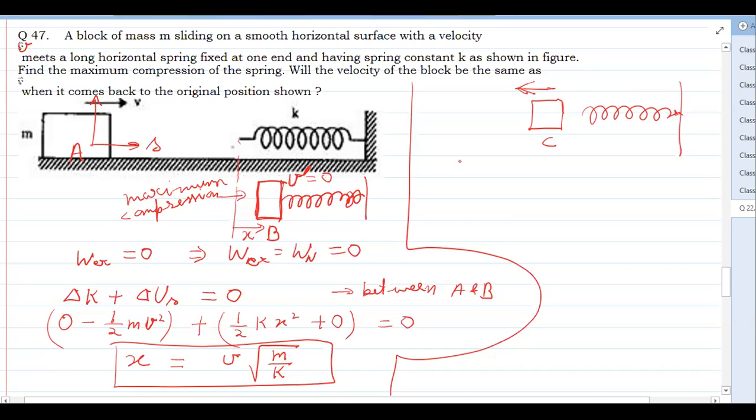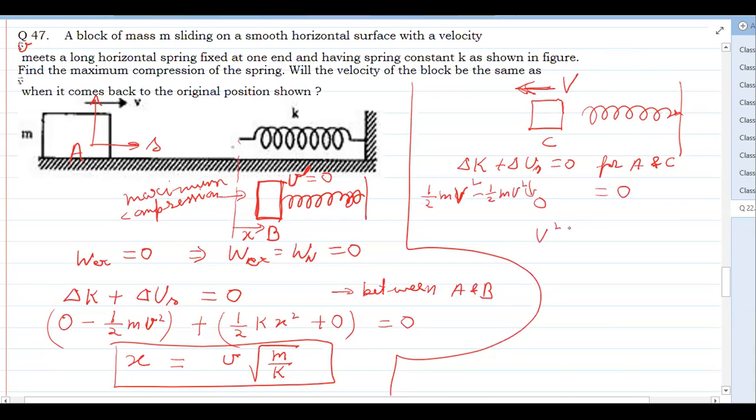If we write delta K plus delta U_S equal to 0 for positions A and C, the change of potential energy will be 0 because the spring was initially relaxed and finally also relaxed. The change of kinetic energy: suppose it is going with capital V, then half mV square minus the initial half mv square equals 0.